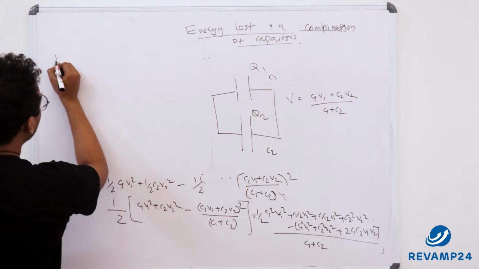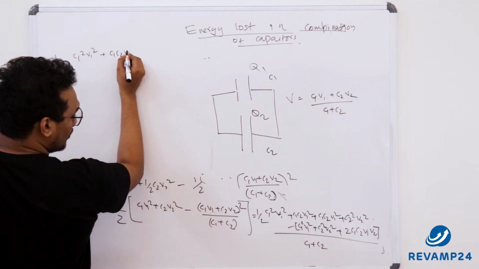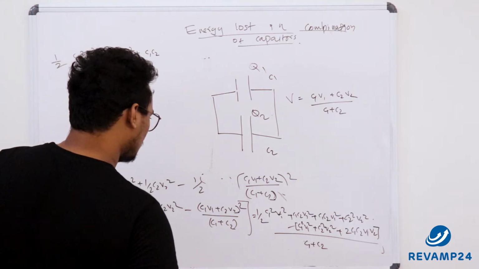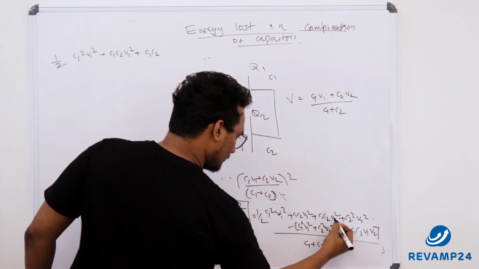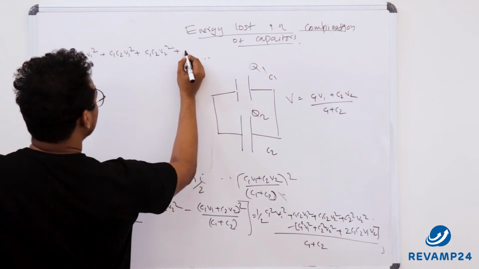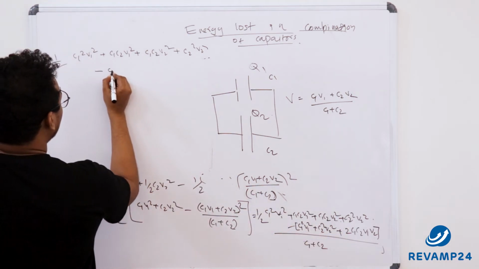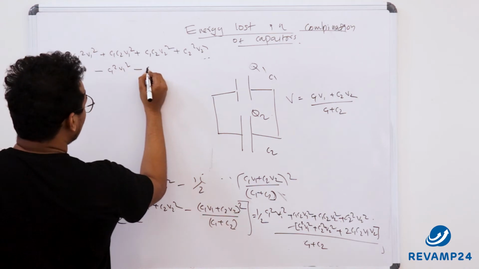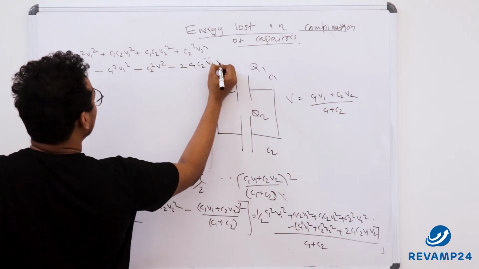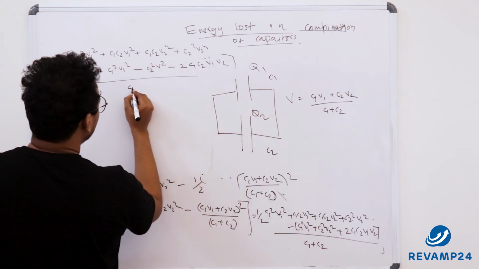Now let's take this term to this side. What is that? Half, C1 square V1 square plus C1 C2 V1 square plus C1 C2 V2 square, then plus C2 square V2 square, then multiply minus inside: minus of C1 square V1 square, minus of C2 square V2 square, minus of 2 C1 C2 V1 V2, the whole divided by C1 plus C2.